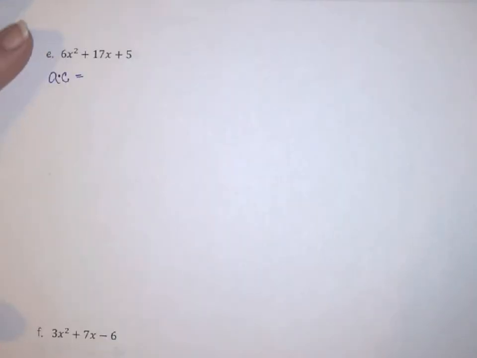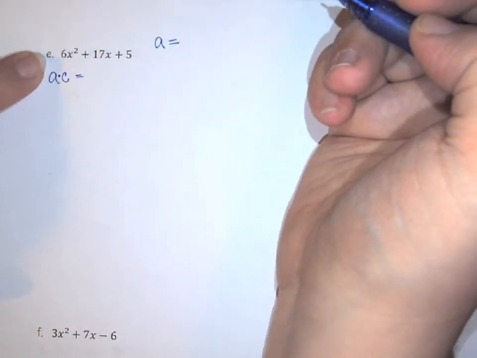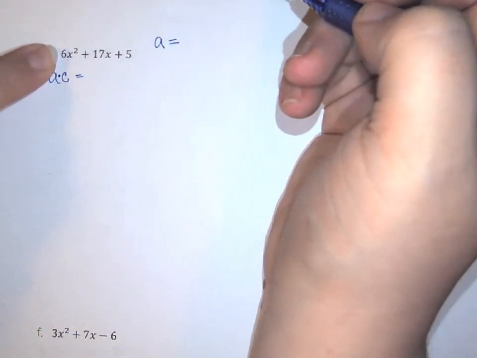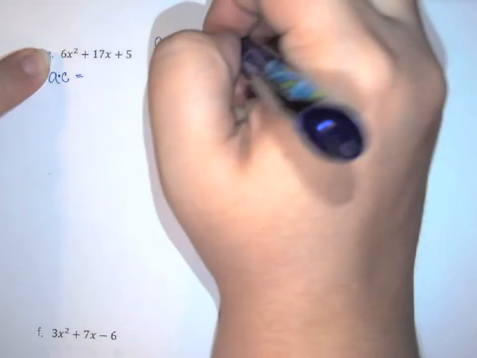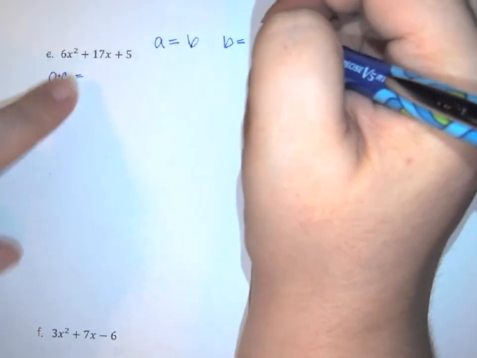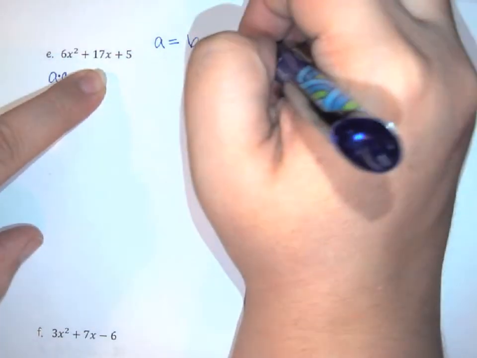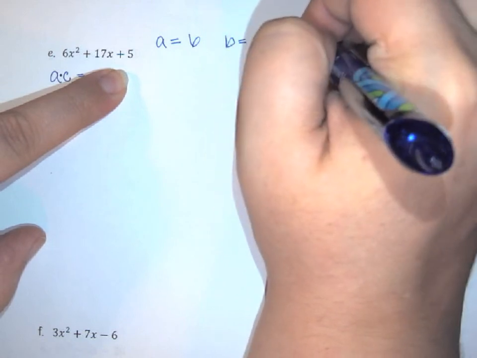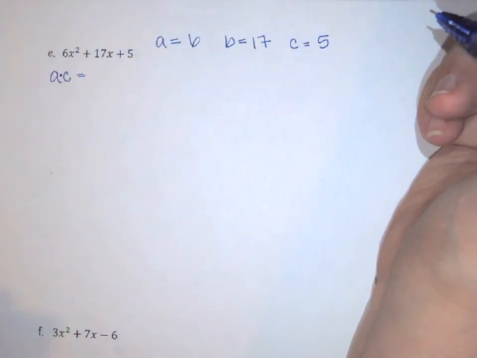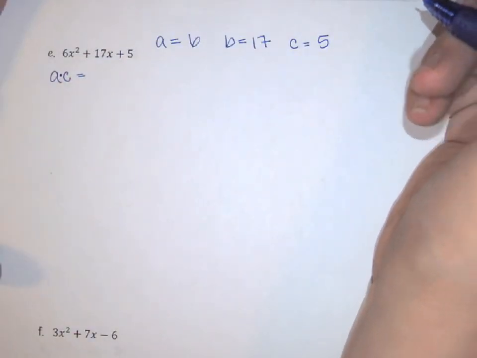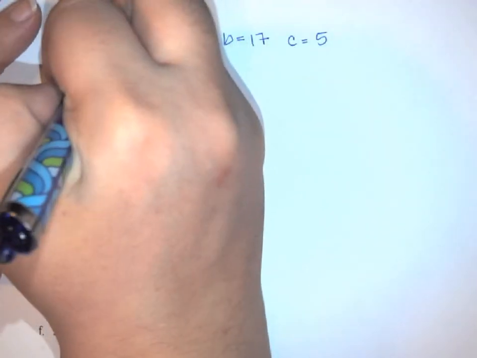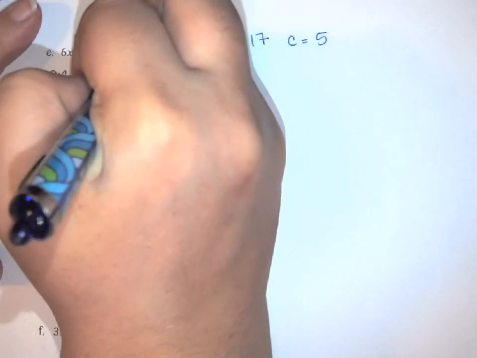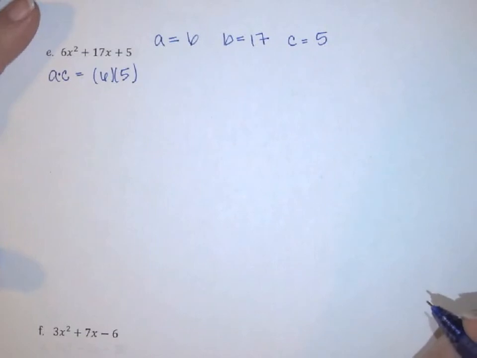Well, I need to know what a is. a is the coefficient attached to the x squared term, so a is 6. b is the coefficient attached to the x term, which is 17. And c is your constant, which is 5.